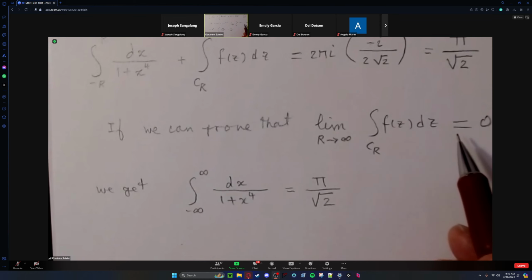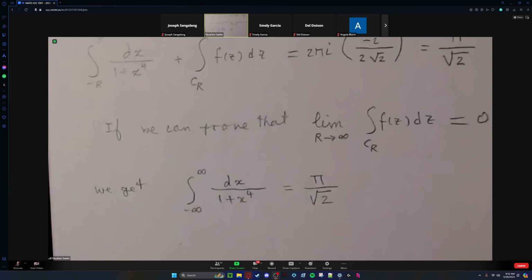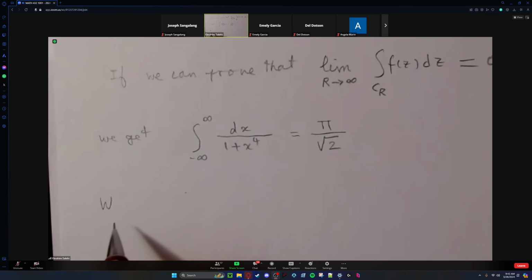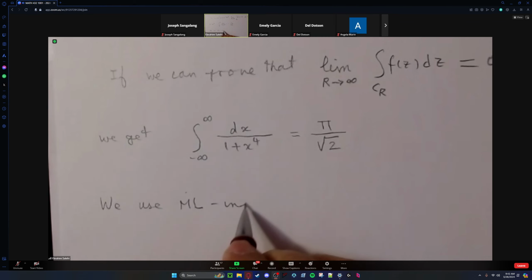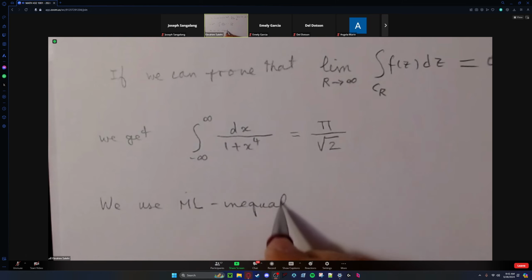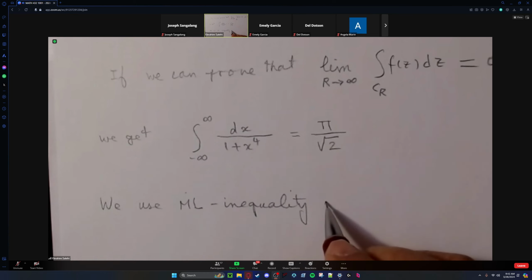Now, can we prove this one? Of course we can. Just as a matter of practicing, I am going to use ML inequality, all right?